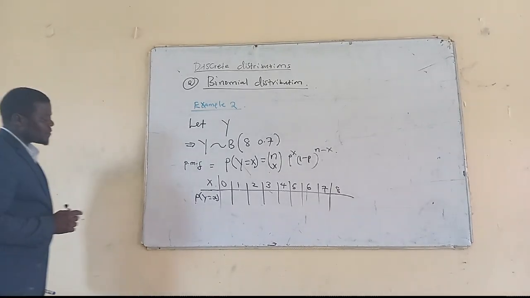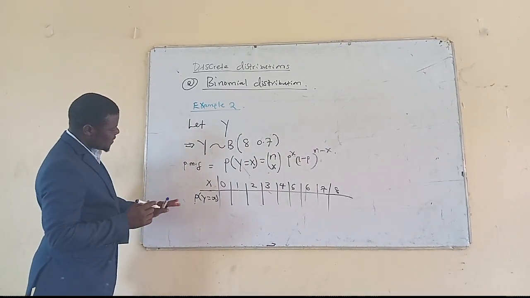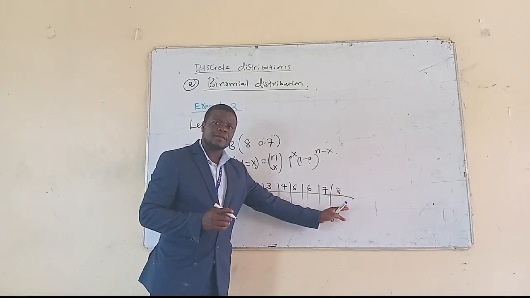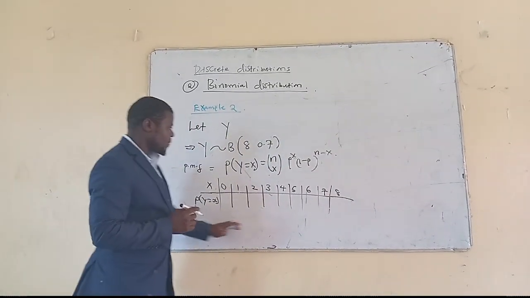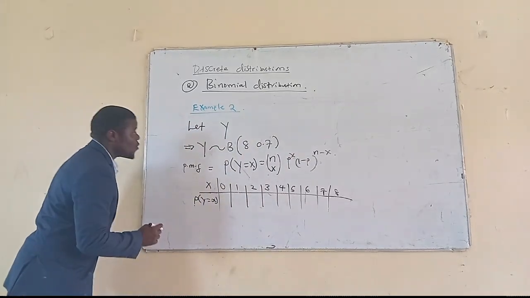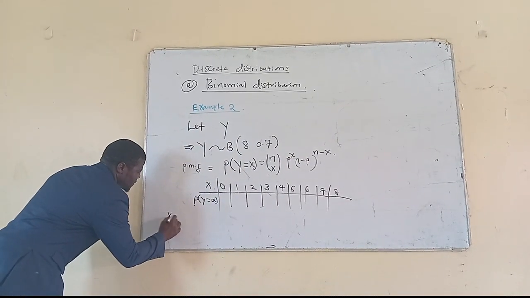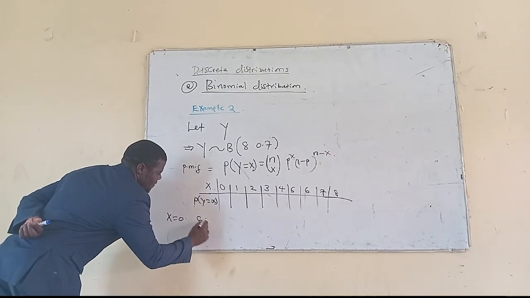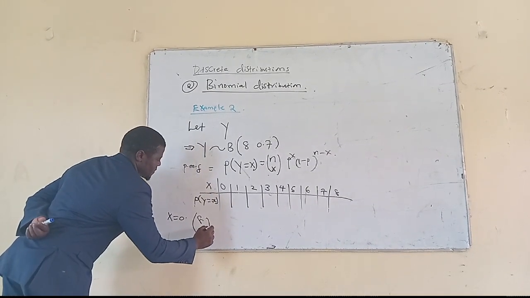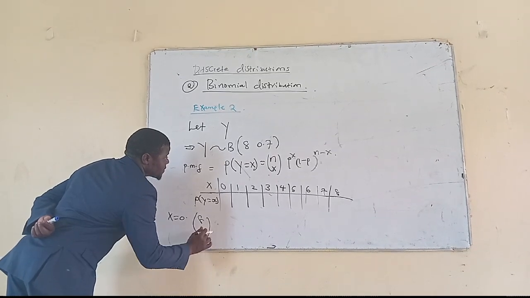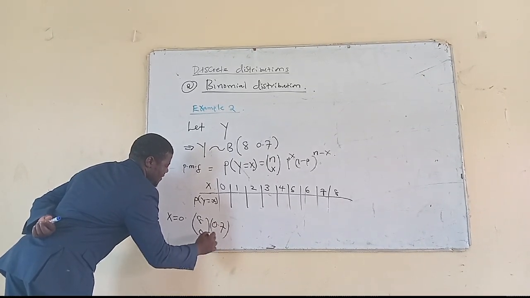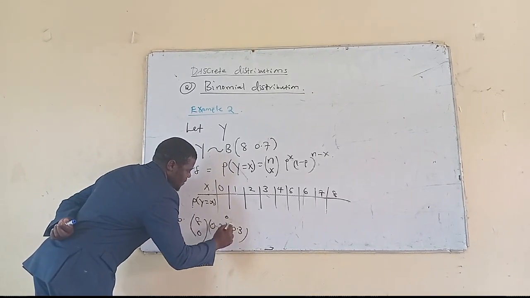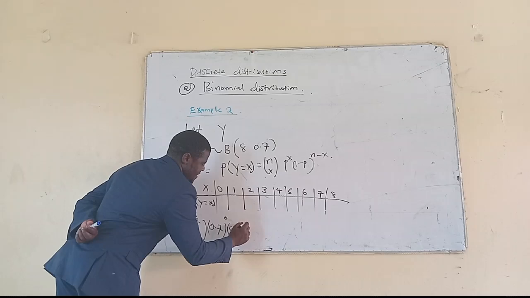What we do here is use the PMF to generate the probabilities. For x equal to 0, we have 8 combination 0, 0.7 raised to power 0, since success is 0.7, and failure 0.3 raised to power 8 minus 0, which is 8.